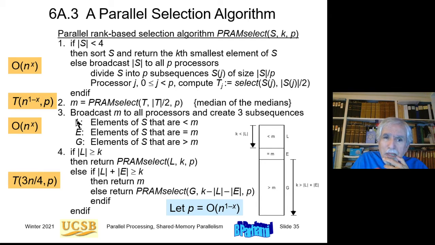I'm going to show you how these three sublists are formed using an amount of time equal to the number of elements that each processor holds. And finally, this one is a recursive call to the same algorithm. In the worst case, it takes T of 3n over 4 using P processors.